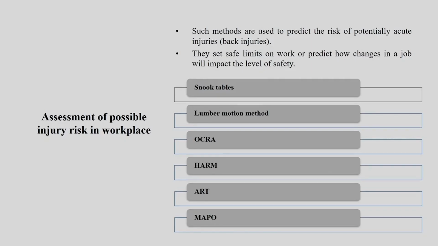Specifically, we will be talking over here about back injuries. So whatever tools we are talking about, mostly we will be talking about the back, but not all are for the back, a few are for others also, but all are predictive methods. They set safe limits on work or predict how changes in a job will impact the level of safety. That we are going to do over here.